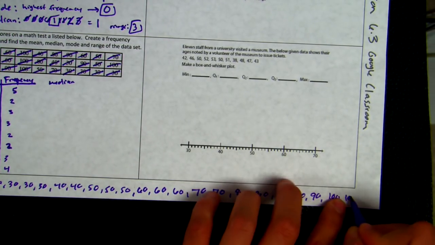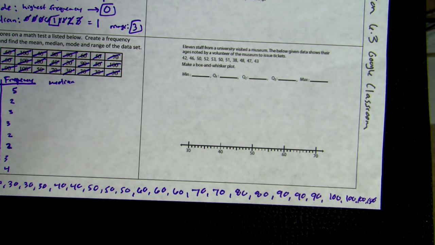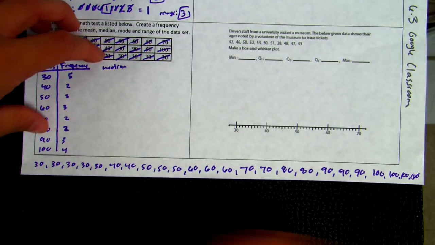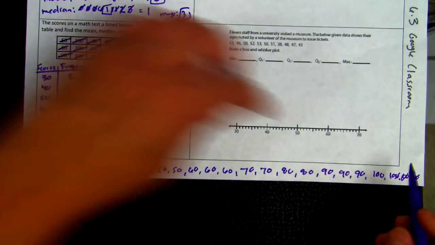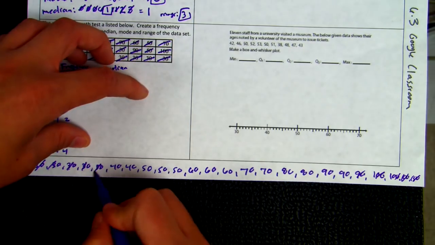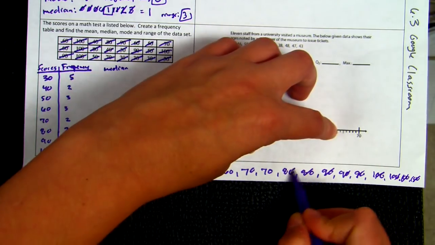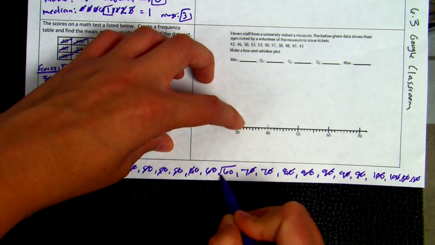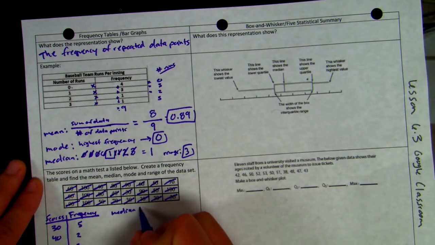Oh, do I have room? Just barely. Okay, we're going to cross them off now. I'm going to zoom out a little so you can see the whole data set. Cross one out here, one here. And my median is 60. Okay, so median is 60.